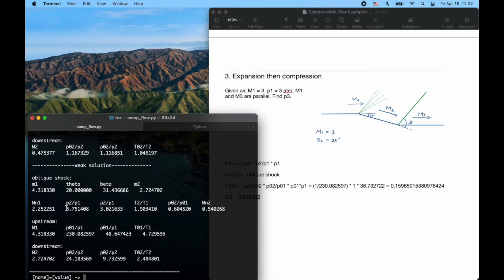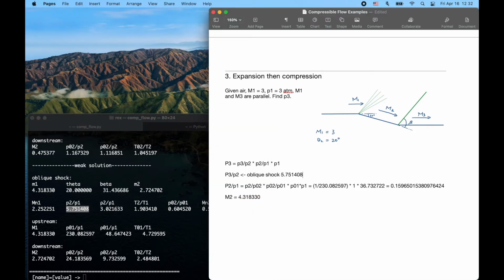And the pressure ratio is the only thing we need. So finally, P3 is this number, times this number, times 3 ATM.